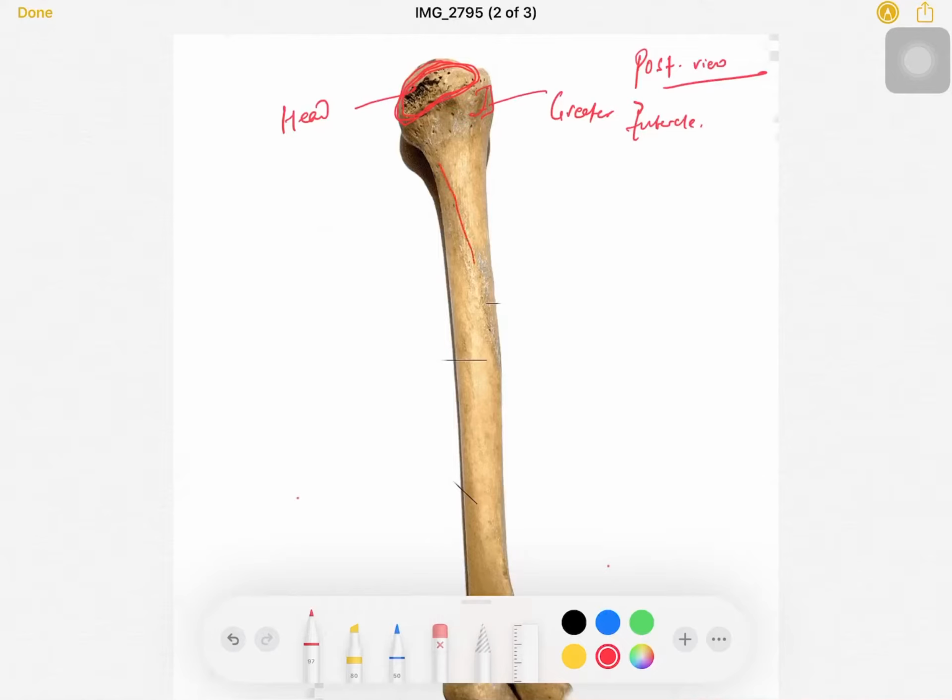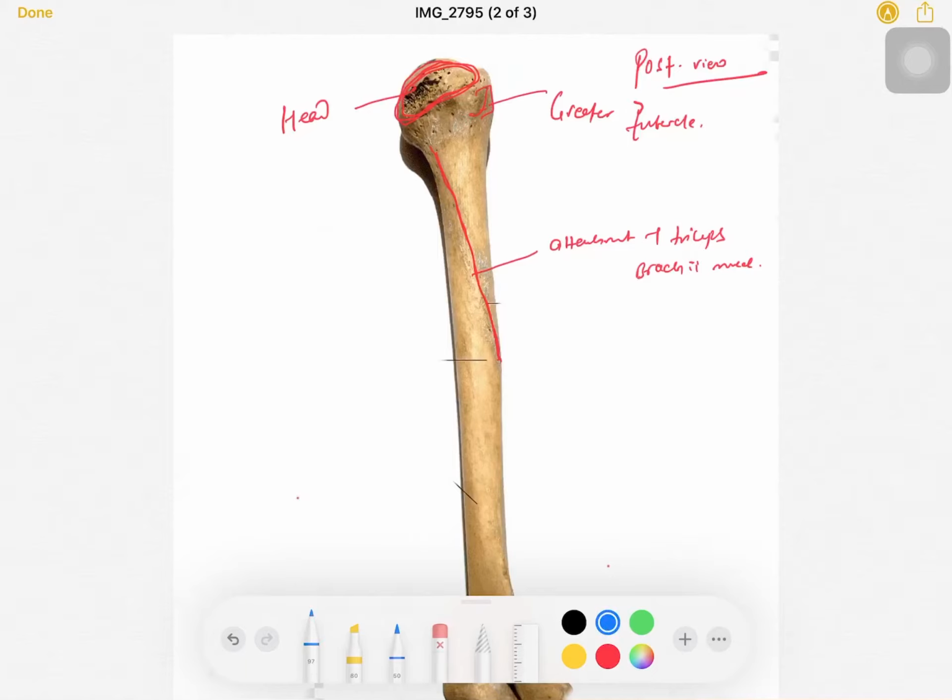You can see it here longitudinally, a rough surface on the posterior view on the superior aspect. So diagonally there is a rough surface on the superior aspect of your shaft, that is for the attachment of your triceps brachii muscles.